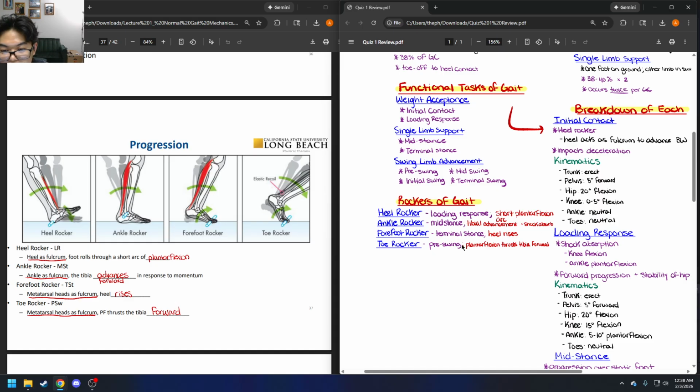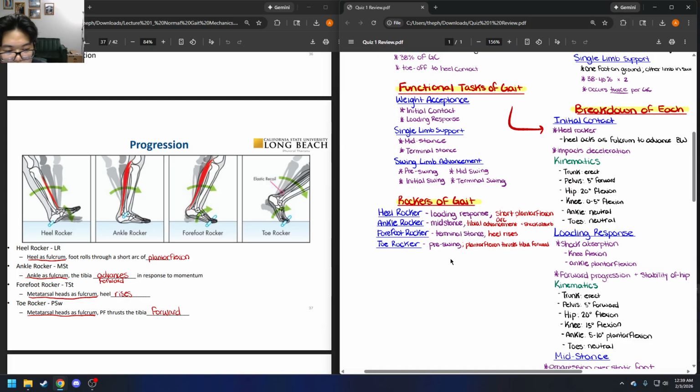The tibia will be advancing forward, and this is when we have the tibial advancement as well as shock absorption because of that eccentric. In forefoot rocker, aka terminal stance, it will now be the forefoot, aka the metatarsals, acting as the fulcrum, and this is when we have that heel rising.